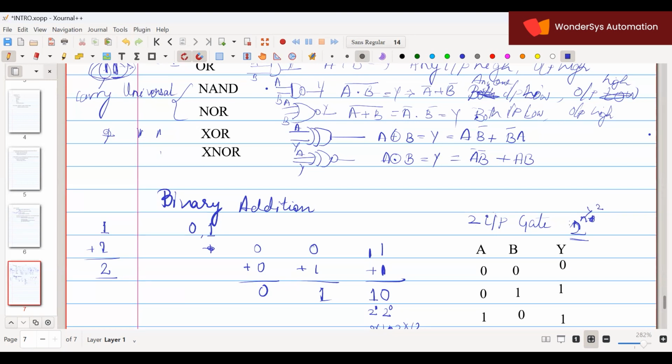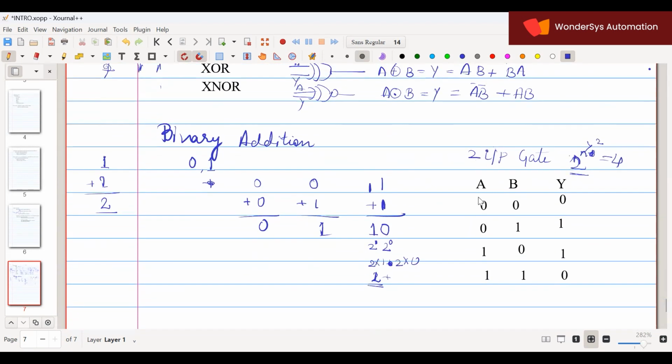Here I have taken two inputs, so 2 power 2 will be 4. Therefore, I have 4 combinations. These are the different 4 combinations: this is 0, this is 1, this is 2, this is 3. This is how we represent it in binary. If I have a 3 input gate, then it will be 2 power 3 and I will have 8 combinations. Understood?